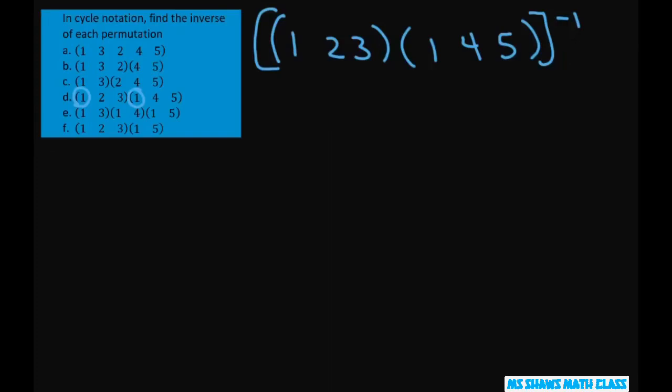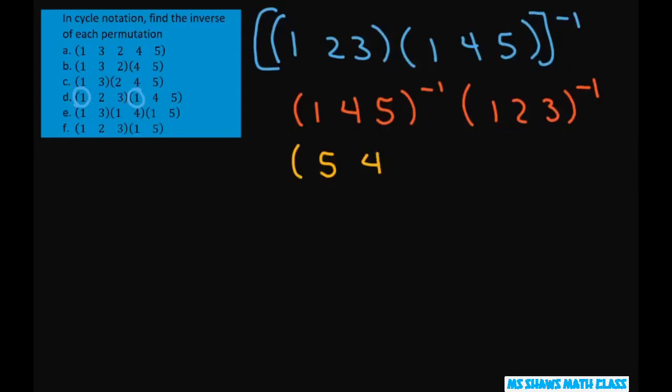So that's going to be (1 4 5) inverse (1 2 3) inverse. Now reverse the order, so you get (5 4 1)(3 2 1).